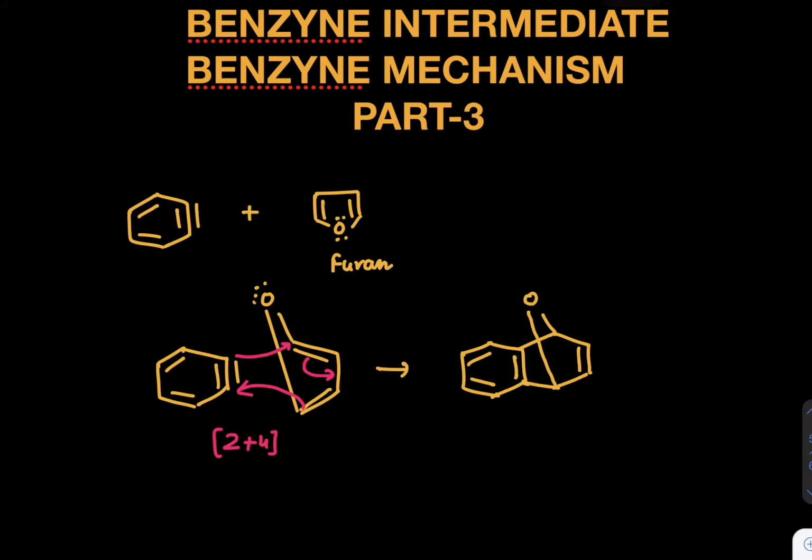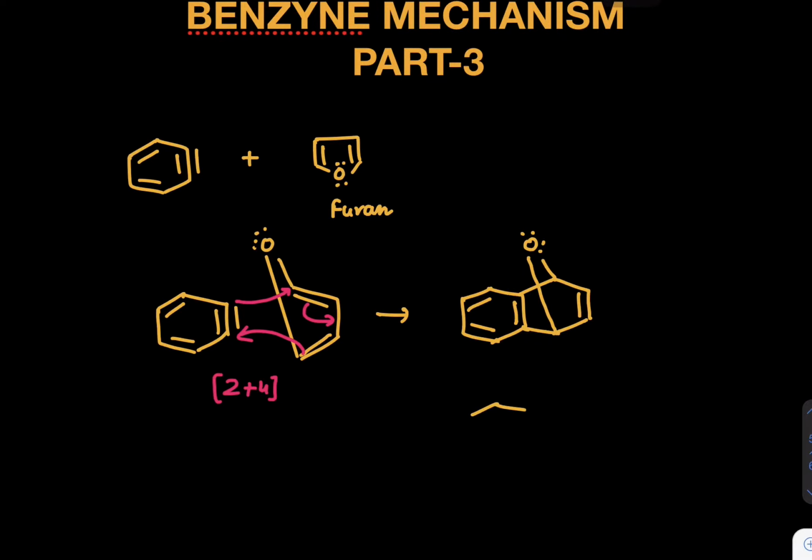So they may draw like this, or in some books you may find that they have drawn it like this also. So both are correct options. You can draw it like this, or you can keep it like this also. Both are correct, but we prefer this structure to be drawn. So this is a reaction of benzyne again, and let's proceed further to see some more reactions.